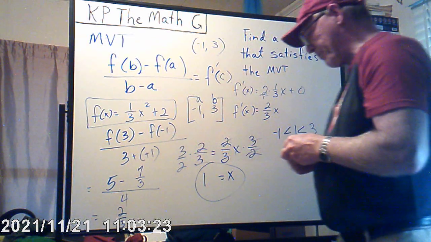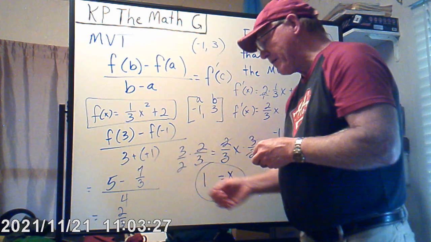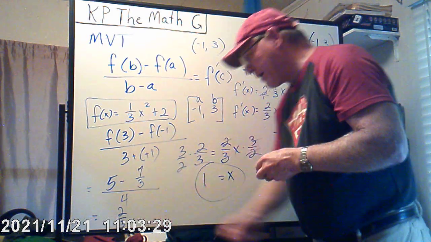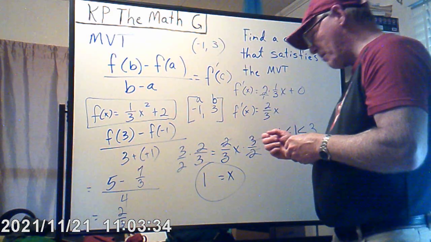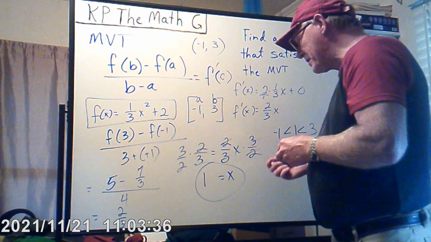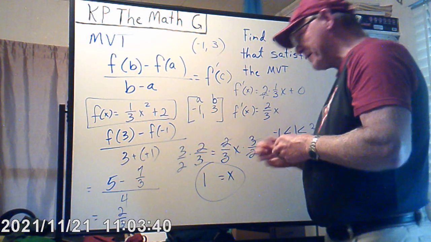So we found that this slope is not equal to 0. It was equal to 2/3. So the slope of the secant line is 2/3. The slope of the tangent line is also 2/3.